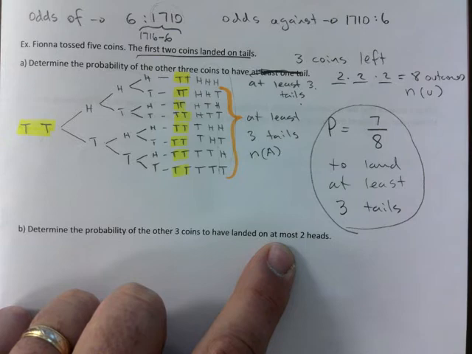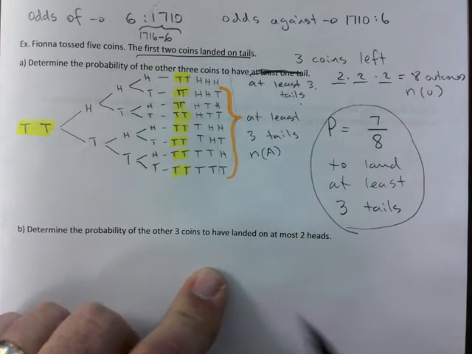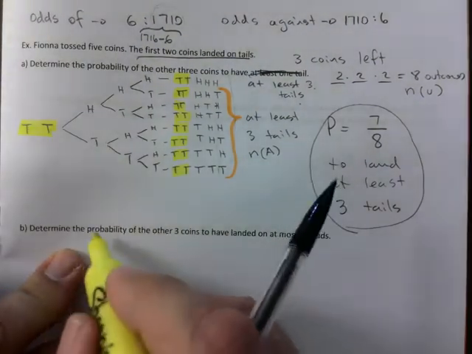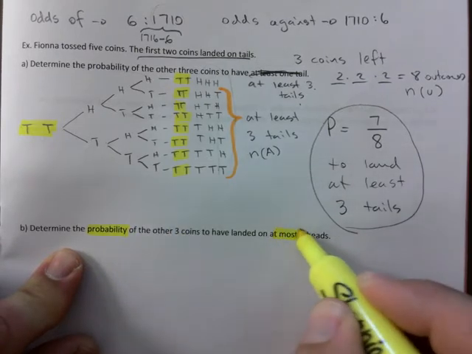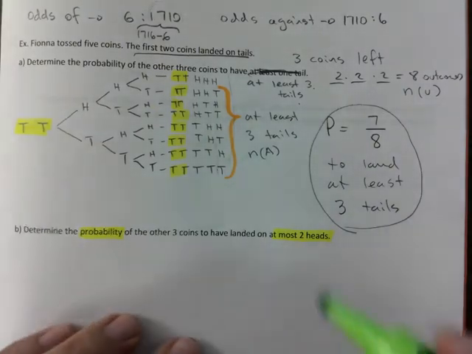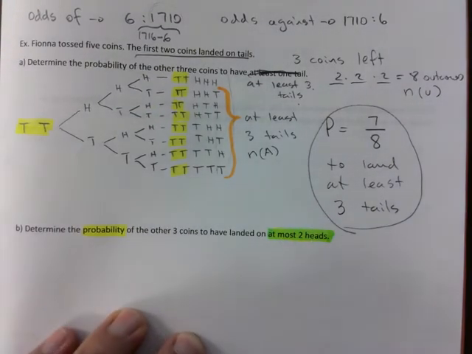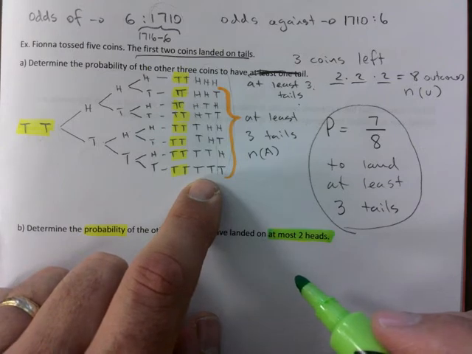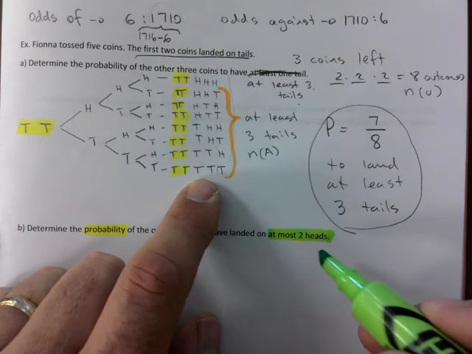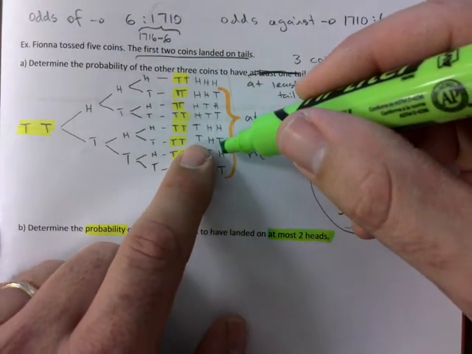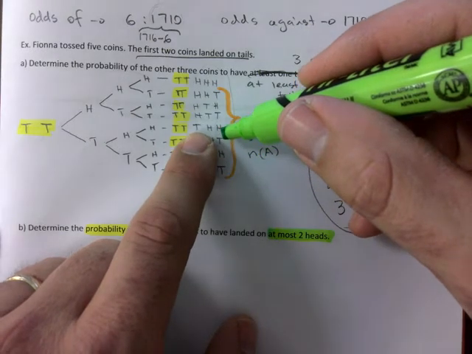At most 2 heads. What's the probability of the other one, having at most 2 heads? Let me grab green. I'm going to use green for that one. At most 2 heads. So let's see at most, so 0, 1, or 2. So that'll be 0, 1, still 1, there's 2.